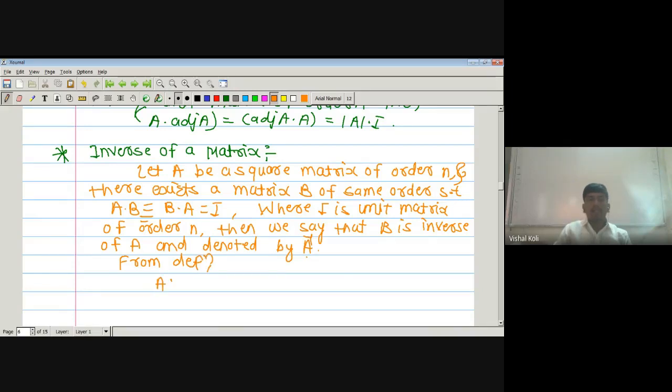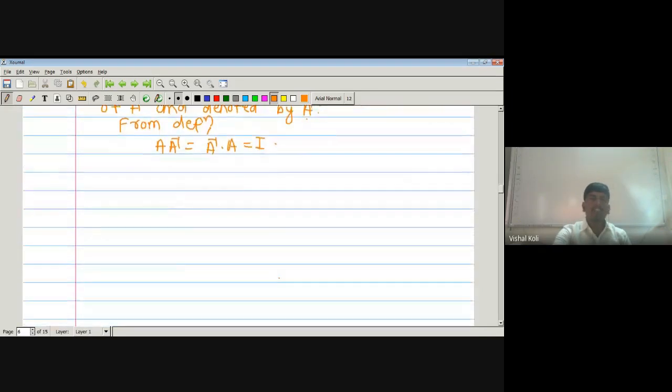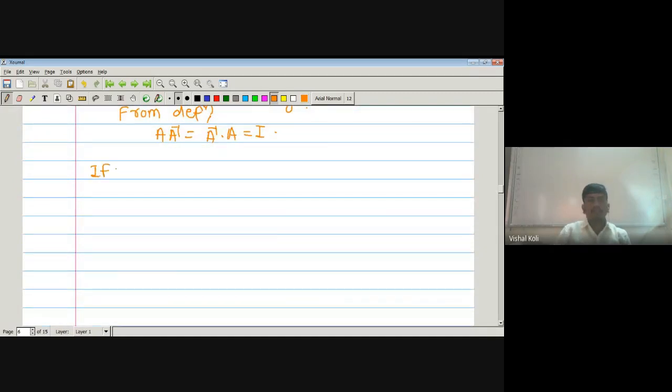Therefore, we get A into A inverse is equal to A inverse into A is equal to I. And if the inverse of A exists, then we say that the matrix A is invertible. Okay, if the inverse of any matrix exists, then we say that the corresponding matrix is an invertible matrix.